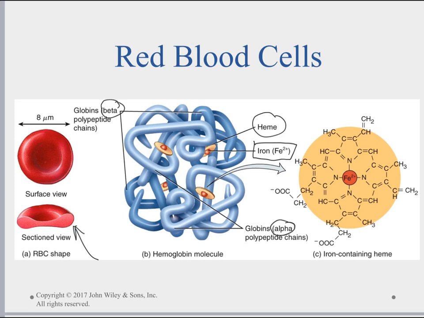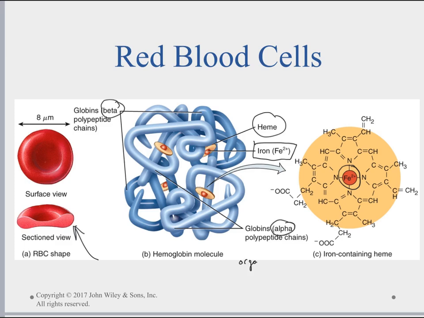Now, we have to elaborate a little bit here, okay? Now, if we go further on and look at that heme group, you see the heme contained with that iron in the center. So when we talk about the destruction of red blood cells and how we recycle them, we're going to allude to organic versus inorganic components.